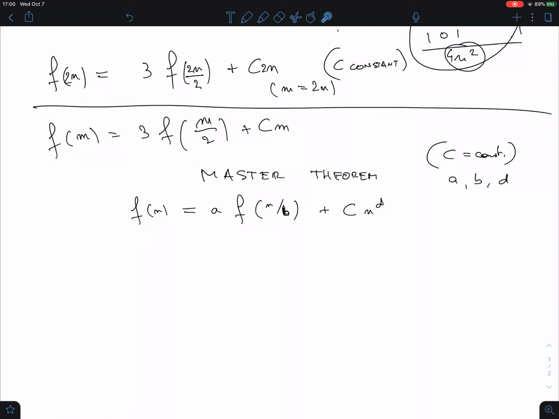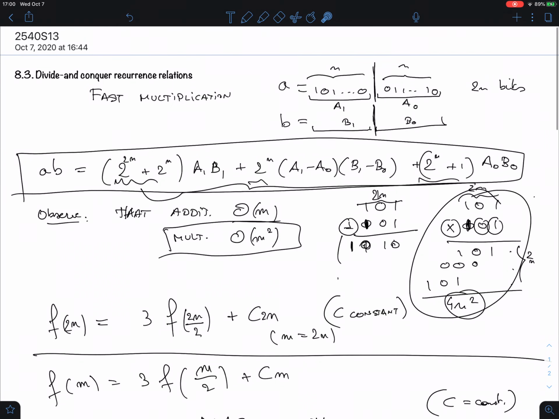We will look at concrete examples, but I first want to say, what does A represent? B represents that I'm going to divide the original problem into B equal parts, and how many times am I going to apply my algorithm to such a smaller problem? A many times. And here we divided everything in half, so B is 2 here.